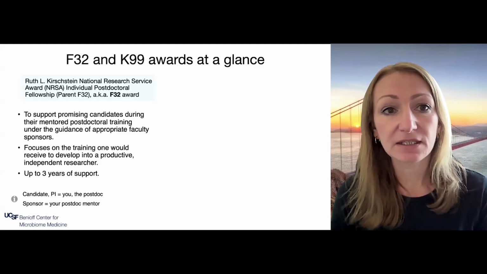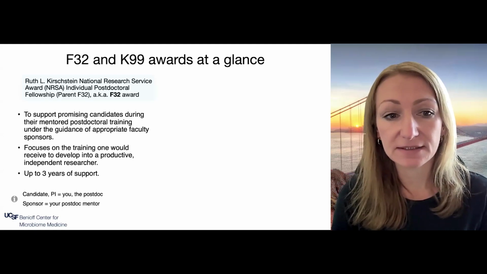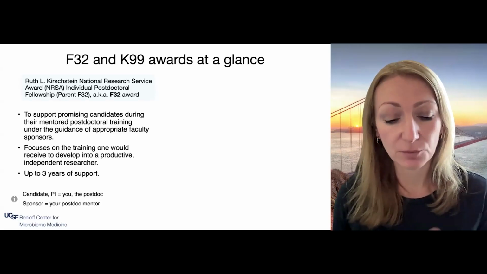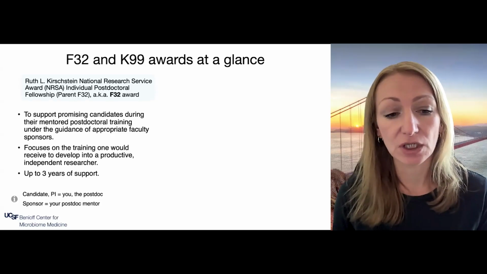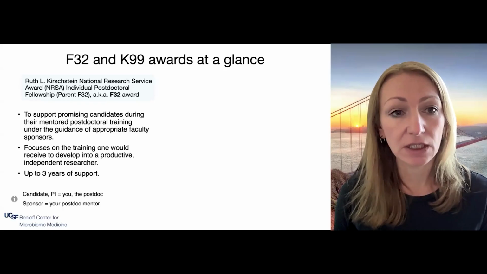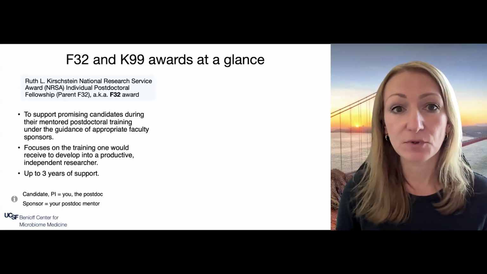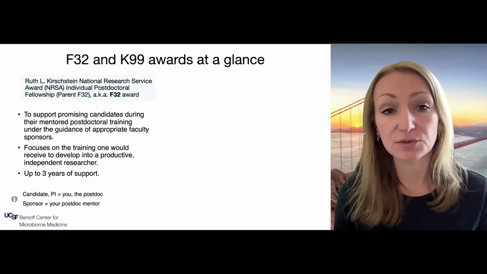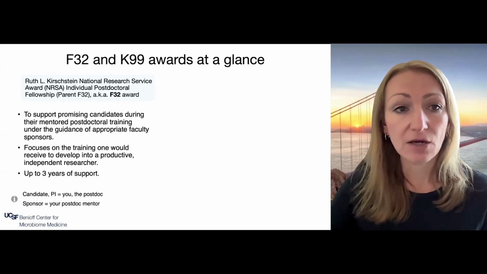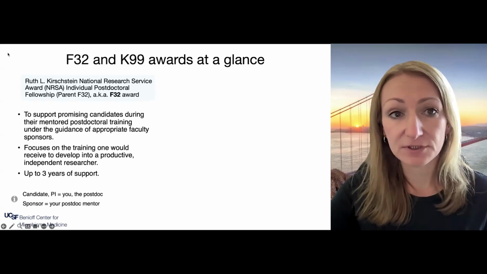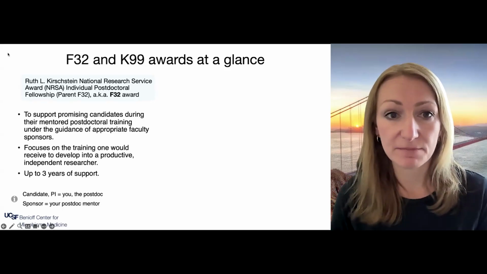So the F32 and K99 awards at NIH are the main award mechanisms that you can utilize as a postdoc. However, these are not the only ones. There are a few F awards and a few K awards that you may be eligible for. However, we'll be going through F32 and K99 as examples.